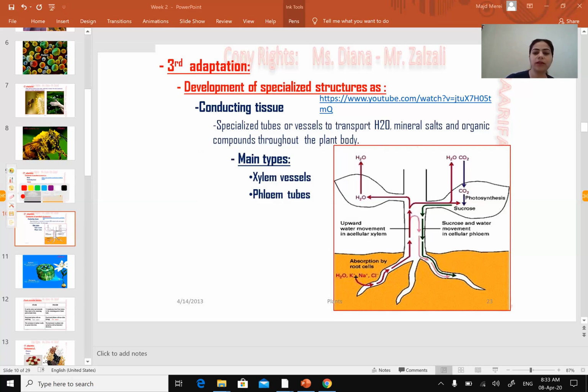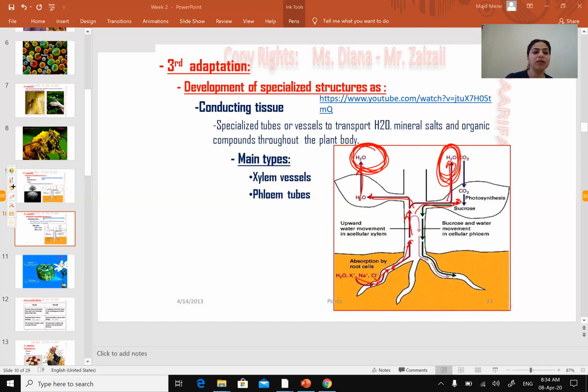Now here, the loss of water from plants is another process. We'll discuss it later. It's called transpiration.